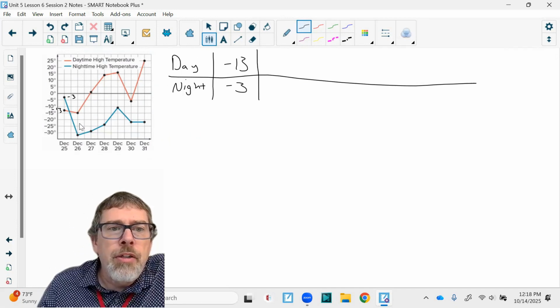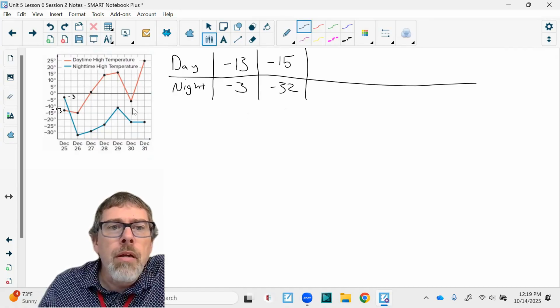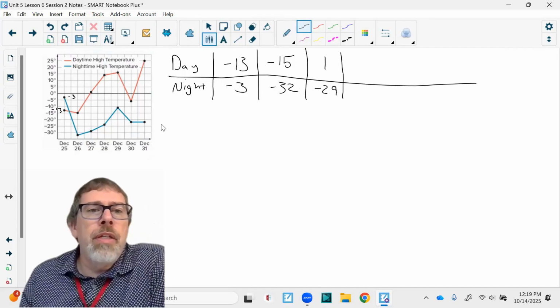And then on the 26th, daytime high, -15. Nighttime looks like -32. On the 27th, daytime high looks like +1 degrees, and the low looks like -29. I could be off by a degree here or there, but that's okay.